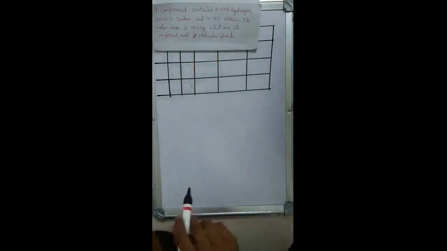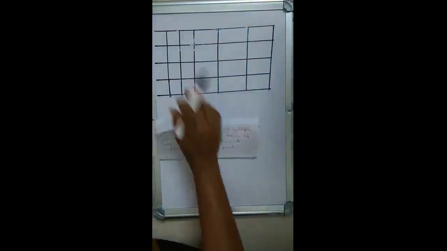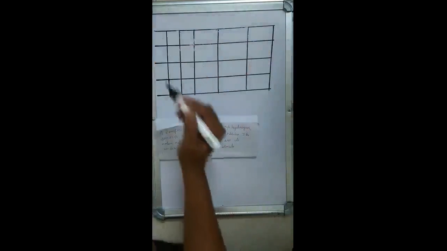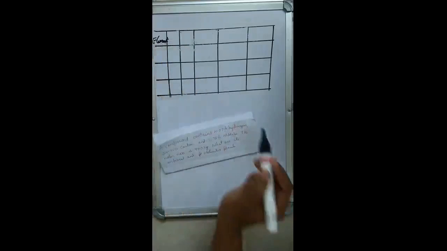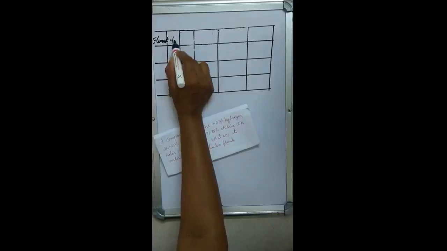Okay, now see the way of calculation. First you have to draw a table with columns. Here I will write the element first, then the percentage is given.